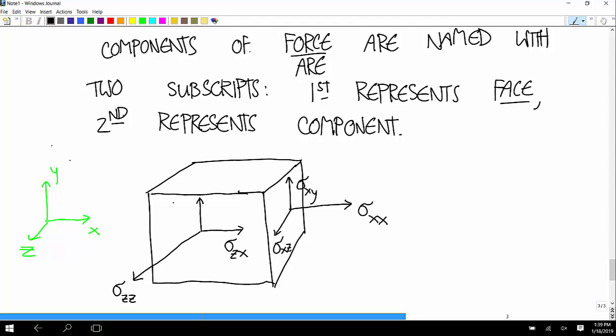And this is sigma zy. And then this is sigma yy, yx, and yz.